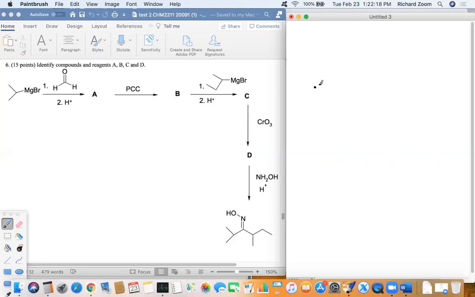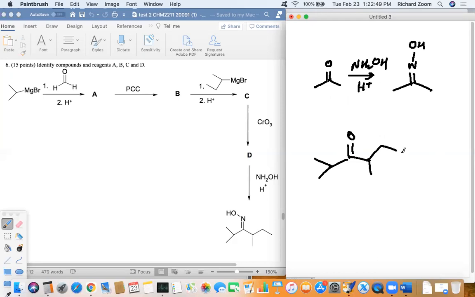So the reaction with a typical NH2OH that we talked about before: if you knew that NH2OH, H plus would start from this C double bond O compound, then you could work that backwards and come up with D that way.